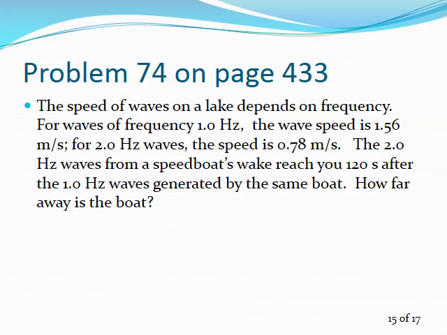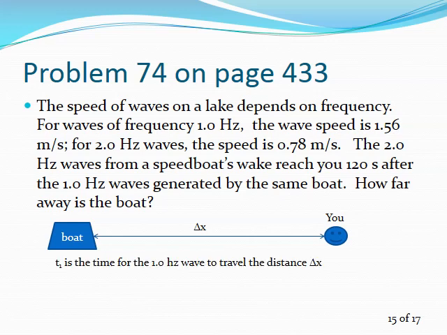So if I draw a picture, I have our boat and I have us, they're separated some distance. Let's call that distance delta x. Now what else do I know? Well, I know T1 is the time for the 1 hertz wave to travel the distance delta x.